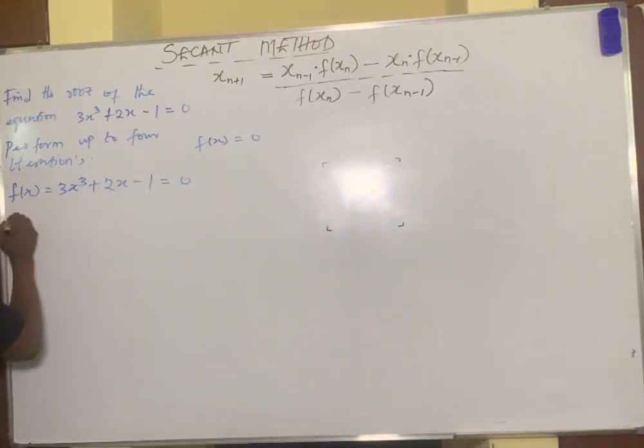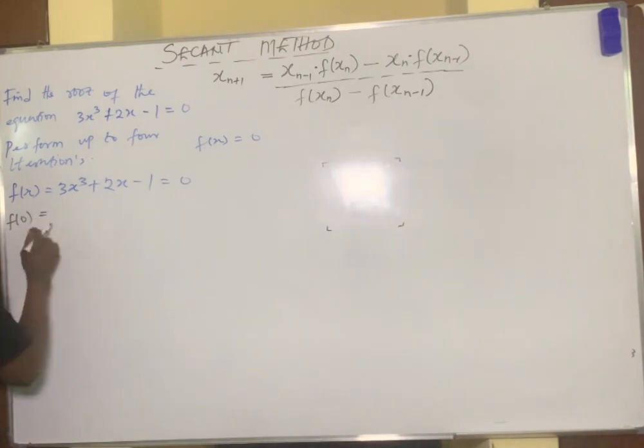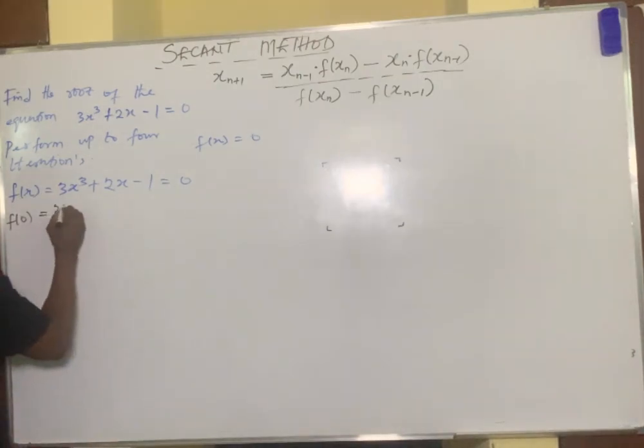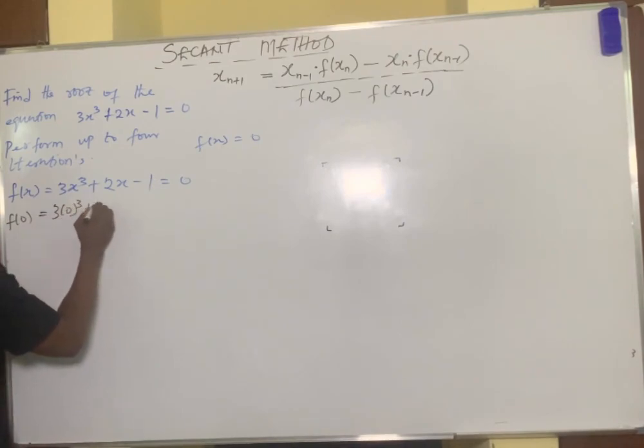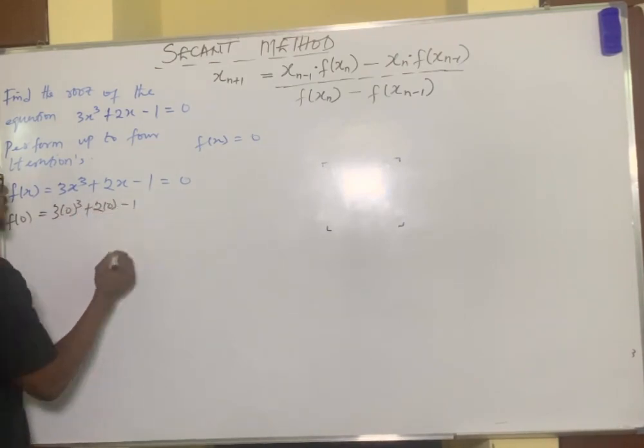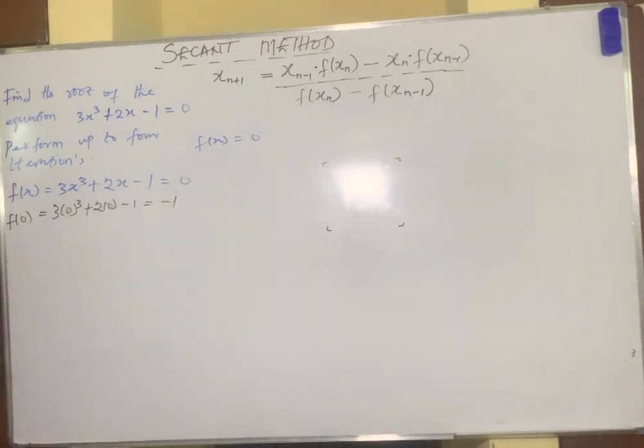Let's consider 0 first. Let's find f of 0. Anywhere you see x in this equation, plug in the value 0. So I'll simply have 3 into 0 to the power of 3 plus 2 into 0 minus 1. Everything here simply gives us negative 1, right? Next, you pick 1. So let's pick when x is 1. You simply find f of 1.